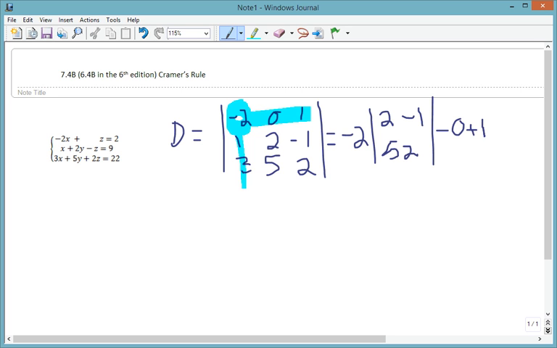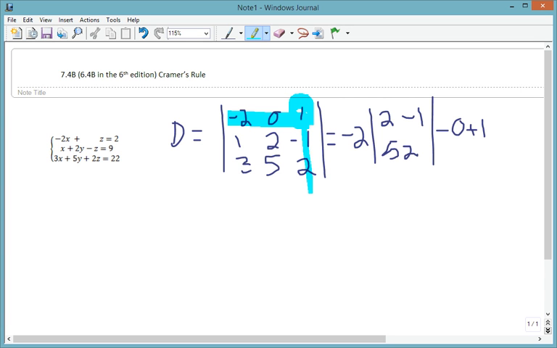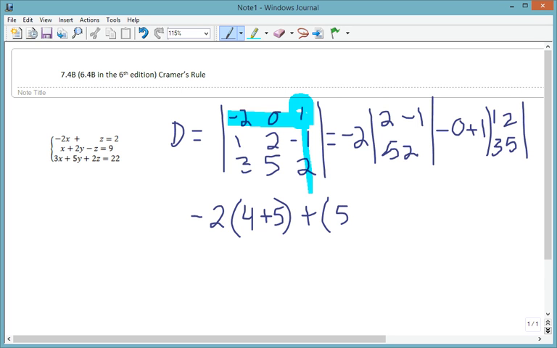And then you have plus 1. So we'll use the 1 and cross off the row and column that's with the 1. And we have left 1, 2, 3, 5. Alright, so I've got negative 2 times 4 minus negative 5, plus, we have 5 minus 6.